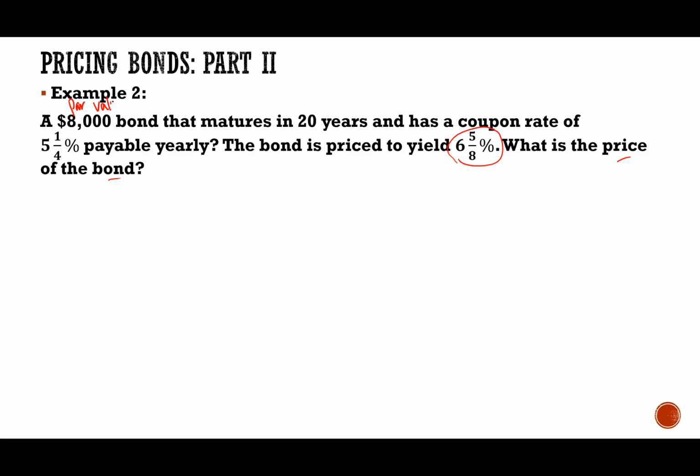Meaning in 20 years, you receive $8,000. So you need to figure out how much $8,000 is worth right now. Also, since there's a coupon rate of 5.25%, every year you're getting 5.25% of $8,000 for 20 years.